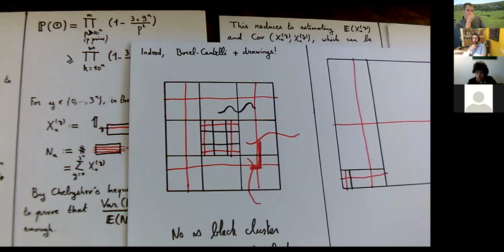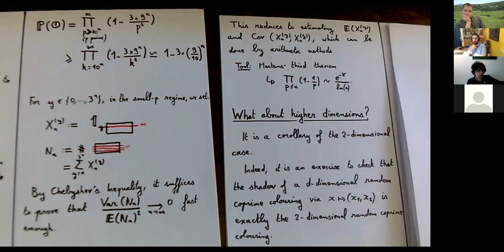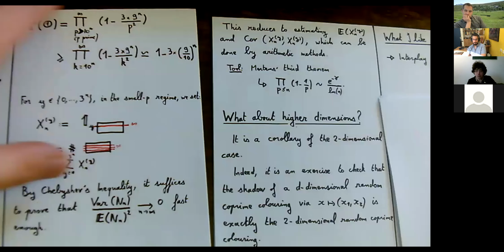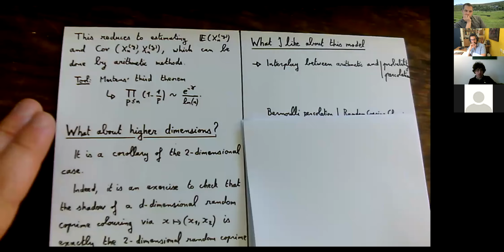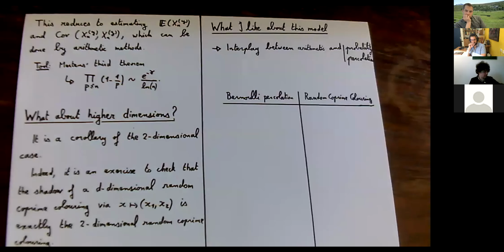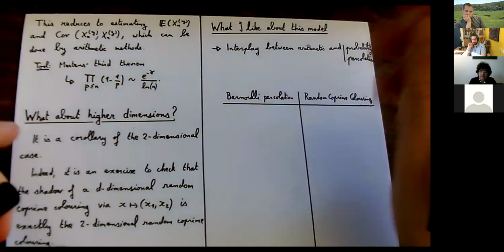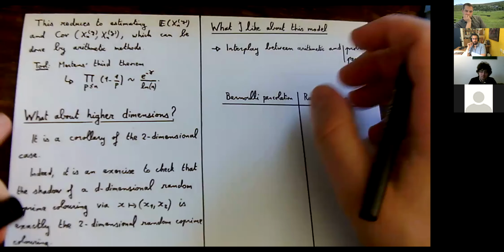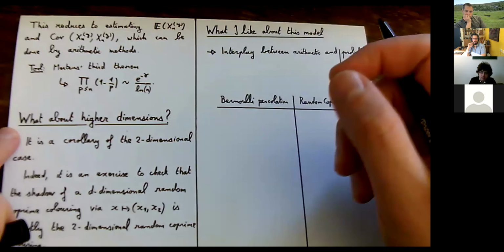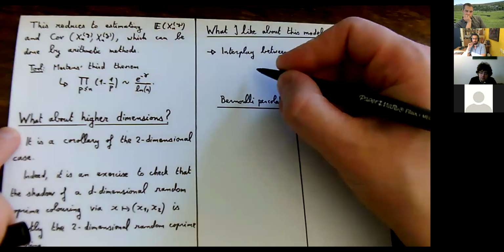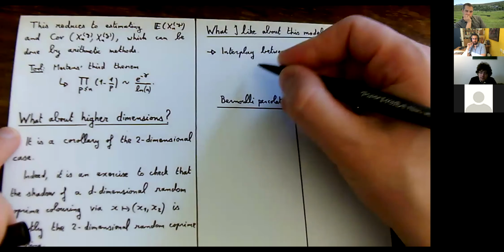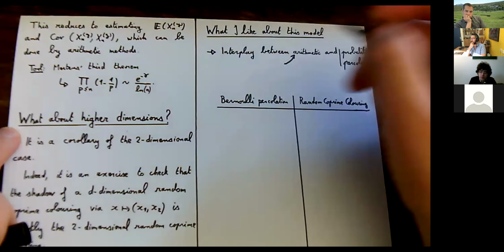I will be over very soon. Just 2 minutes to tell you what I like about this model. So what I like is the interplay between arithmetic and probability in percolation theory. I don't believe that this will help solve big classical questions in number theory, but I do hope that maybe it could lead to nice questions from the point of view of number theory.